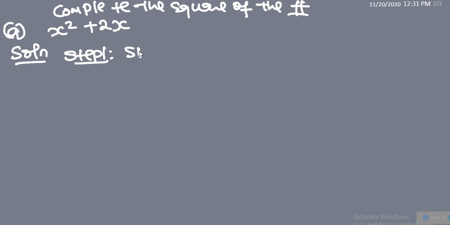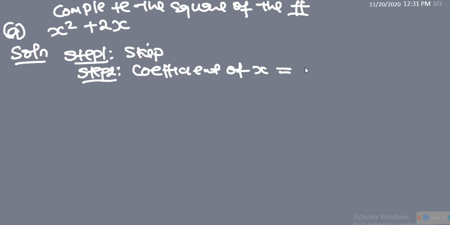So let us skip this one. Then we go to step 2. Step 2 is to take the coefficient of x, and if you look at this expression, the coefficient of x is equal to plus 2. Half is just to multiply by a half, times 1 over 2, which will give us plus 1.